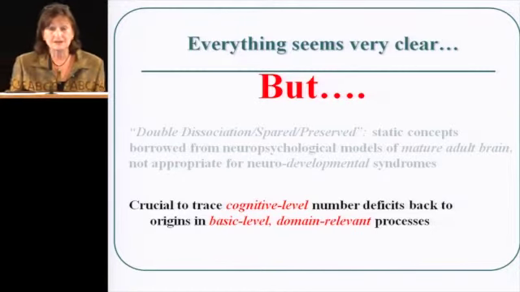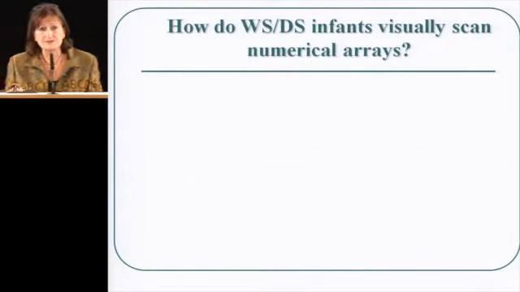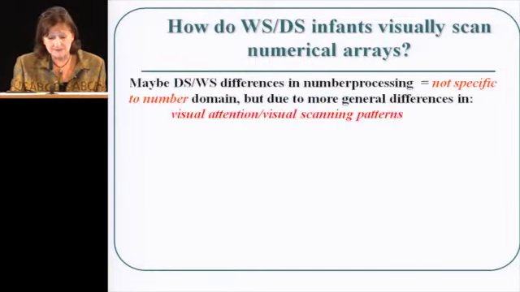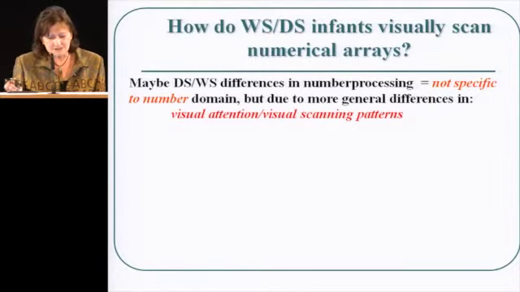So domain-relevant processes. One of the questions we asked was, how do infants with Down syndrome and Williams syndrome visually scan numerical displays? Maybe the differences in number processing in these 2 syndromes are not specific to the number domain, but much more due to general differences in visual attention, visual scanning patterns, things like that.